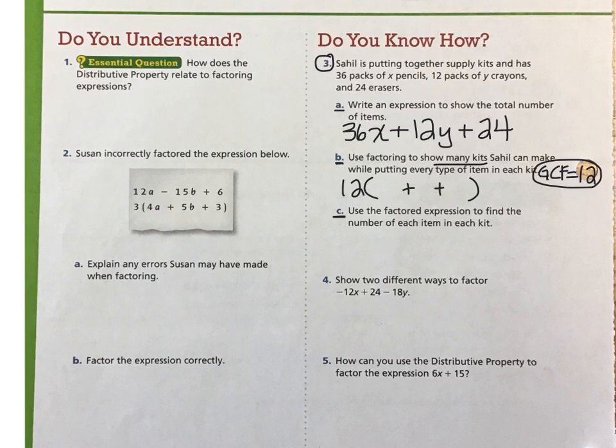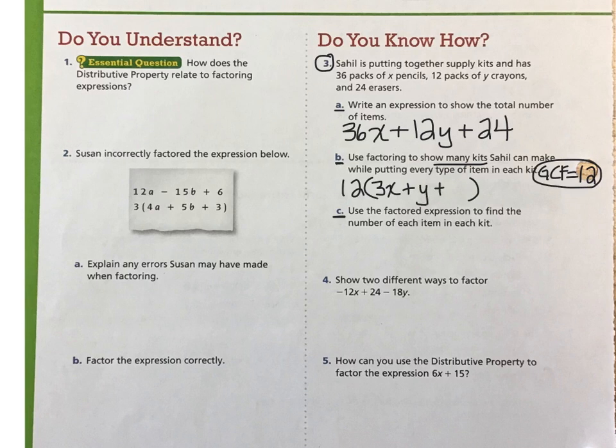So in other words, 36x is the product of 12 times 3x, because 12 times 3 makes 36, and we still have an x multiplied by that term. Okay, what do I multiply by 12 to get 12y? Well, it's just the variable y.